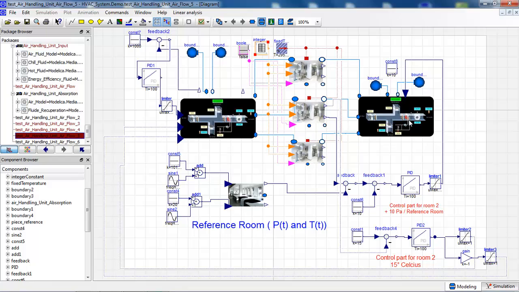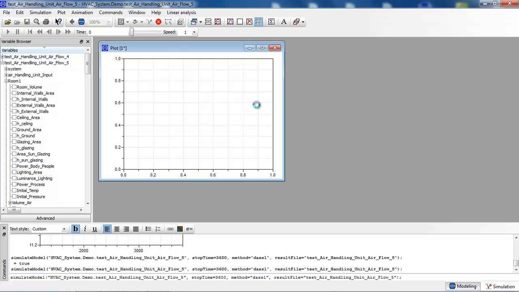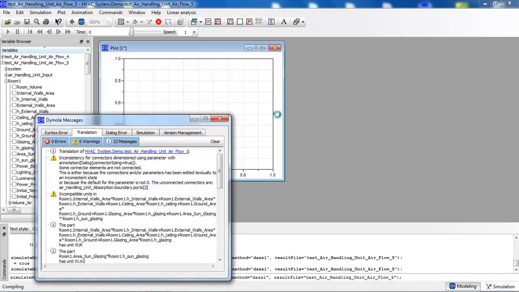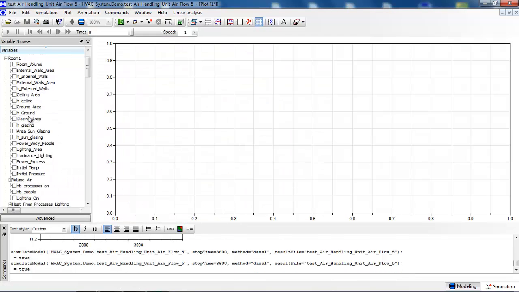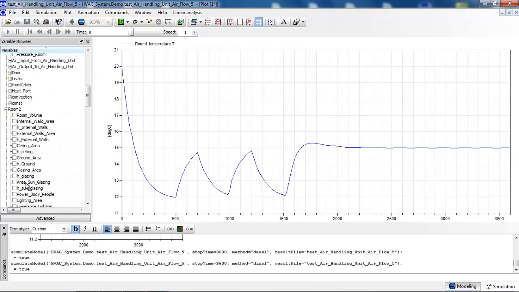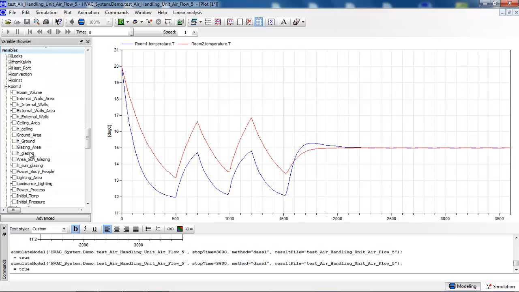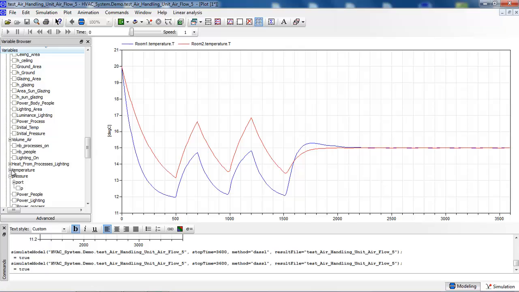And we want to know if our air handling unit and the controller that we defined are able to control pressure and temperature inside the different rooms. I simulate the model here, and we will post-process now the temperature inside my room 1, the temperature inside my room 2, and the temperature inside my room 3.